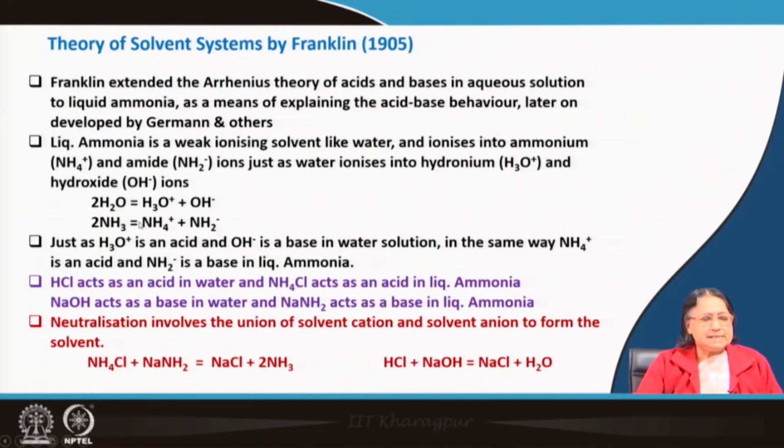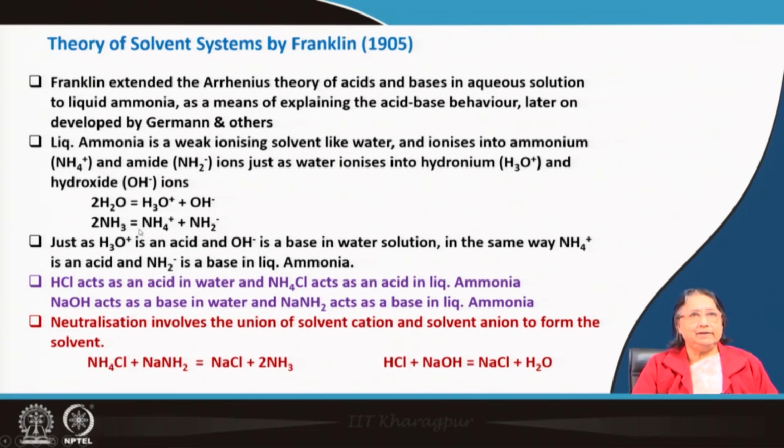Now, this concept which Arrhenius gave in aqueous medium was then extended by Franklin in 1905. He extended this theory to another solvent, which is liquid ammonia. We know that many reactions are carried out in liquid ammonia, and he said that just like water molecules, ammonia also can give ammonium ion and amide ion.